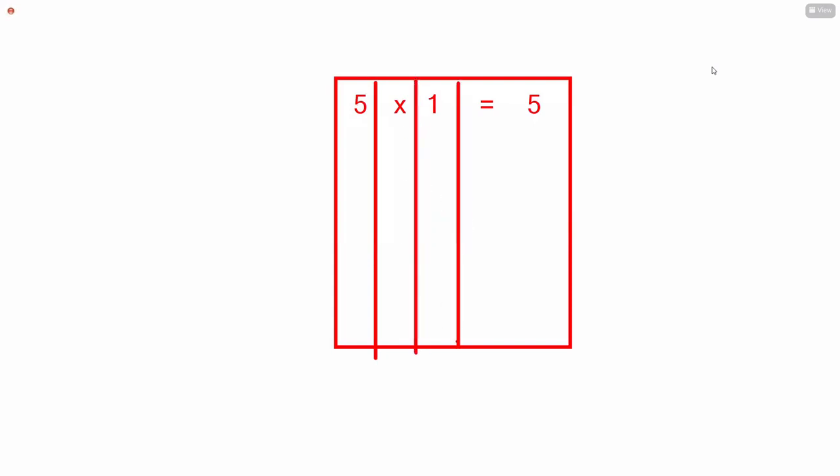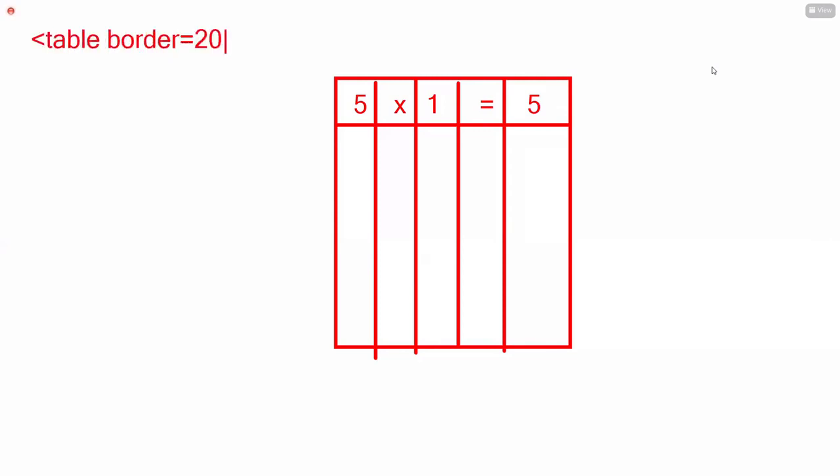If you want to display it in HTML, what will you write? Table, border equal to something, 20 pixels or 30 pixels. After that, the first row, next TD, something like 5. Again TD, like 5, table data close. Now TD into. Let's see right now.